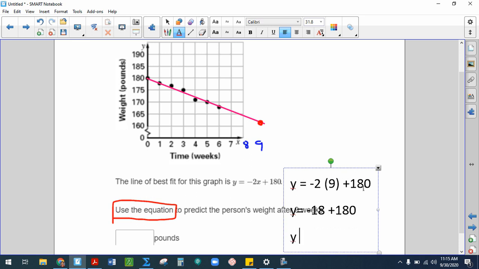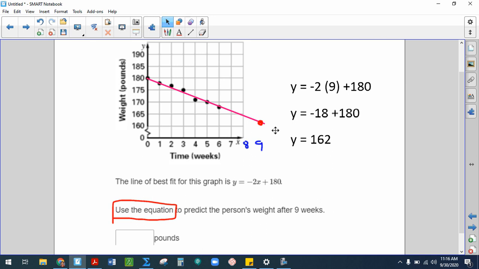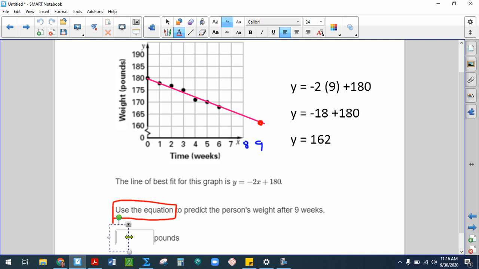So y is going to equal 162. So we might be able to guess that from the graph, but using the equation, it's going to be 162 pounds. And since we asked you to use the equation, that is the only correct response. So when we ask you to make a prediction using the equation, we want you to do so.